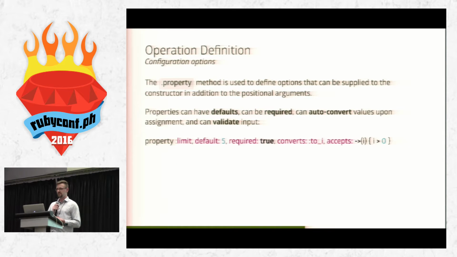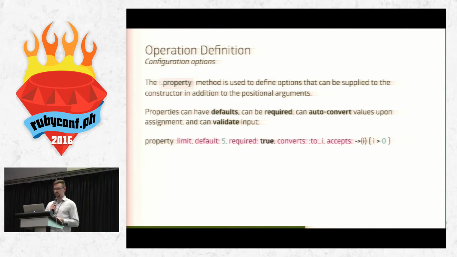The property method, on the other hand, defines key value arguments your initializer takes, and it allows you to set default values, which can be really useful if we are talking about, for instance, configuration settings for your operation. Let's say one operation performs a database request, and we want by default to limit the number of returned records to 5, but still want to expose this configuration option to the outside world.